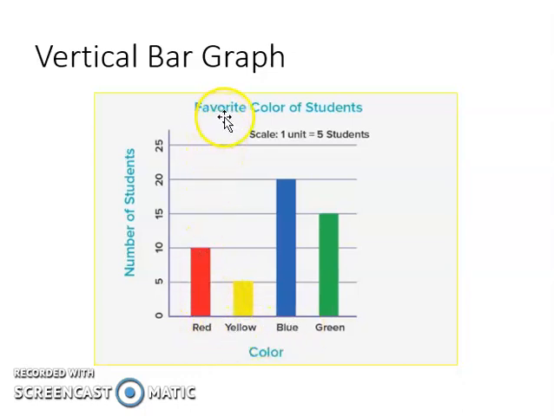Since you are asking about the favorite color, you have the choices of red, yellow, blue, and green. The most favorite in the graph is blue, which has 20 votes. The least favorite is yellow, which has 5 votes. That is the vertical bar graph.